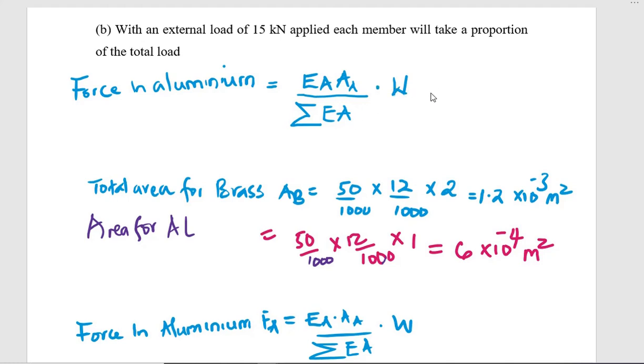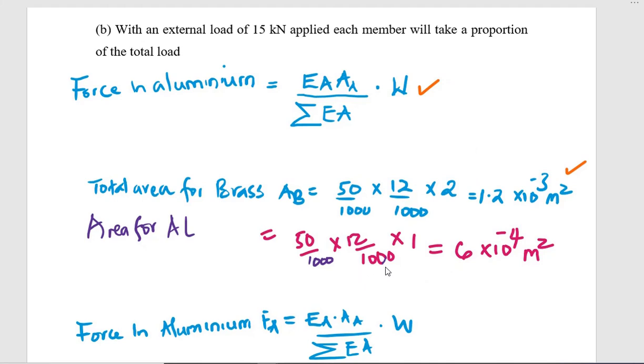Therefore, total area for brass, because it is rectangular, is going to be length times width. And because brass they are 2, we are going to multiply by 2. So that becomes 50 out of 1,000 converted to meters times 12 out of 1,000 converted to meters times 2, which would give you 1.2 times 10 to the power negative 3 square meters.